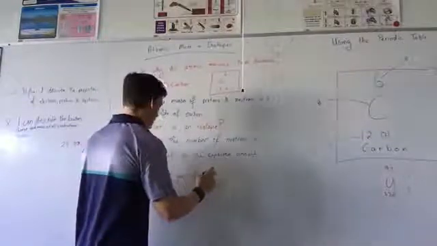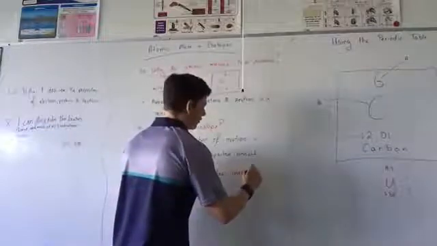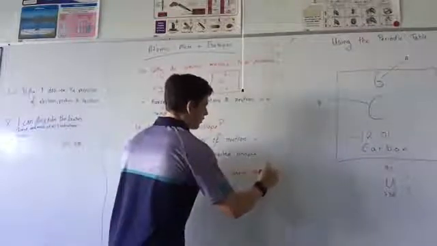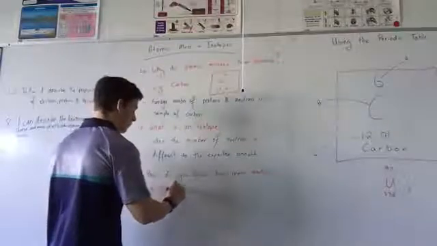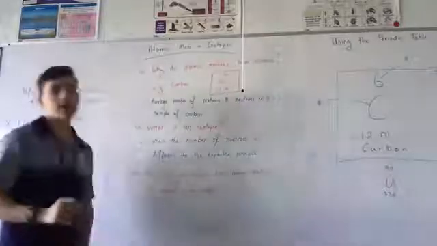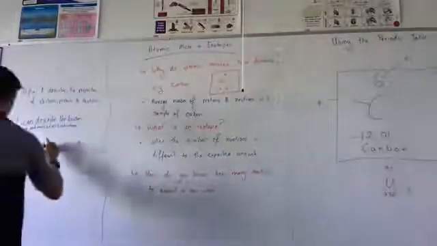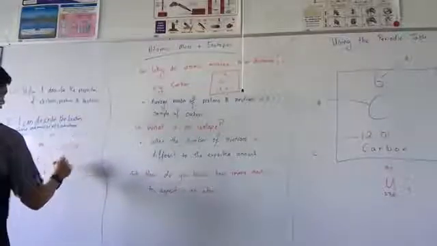So the question is, how do you know how many neutrons to expect in an atom? How do you deal with the mass? So sodium is 22.99, carbon is 12.01.